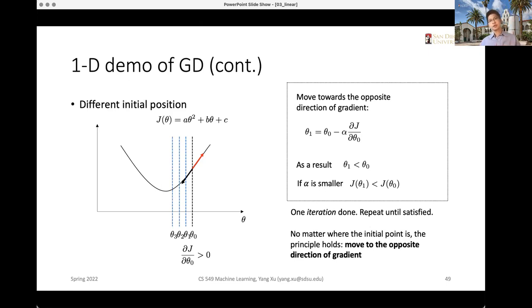So actually, no matter where our initial point is, it is the same principle. We would just always move in the opposite direction of gradients. In this quadratic function case, if we do so, it will make sure that we reach the minimum point.